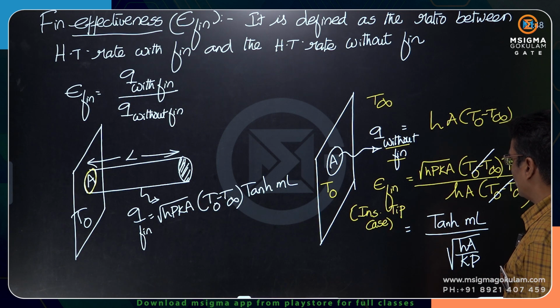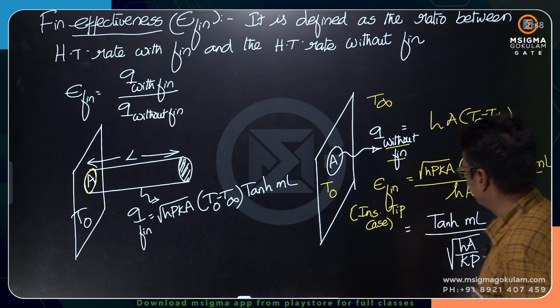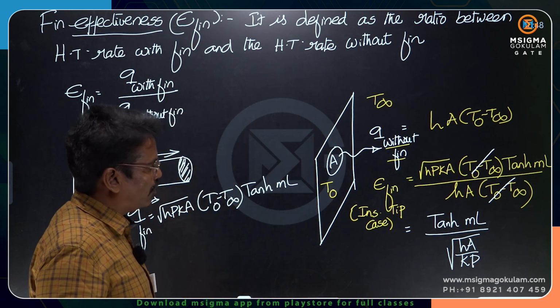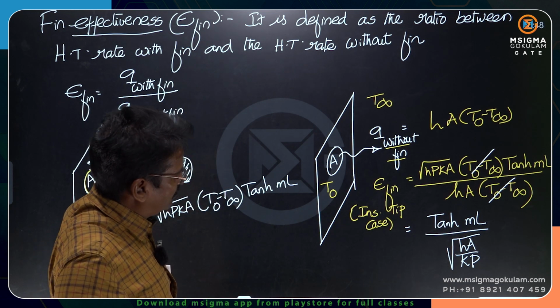Square root of hP by kA. A is the profile area. This is the formula for the effectiveness of the fin.